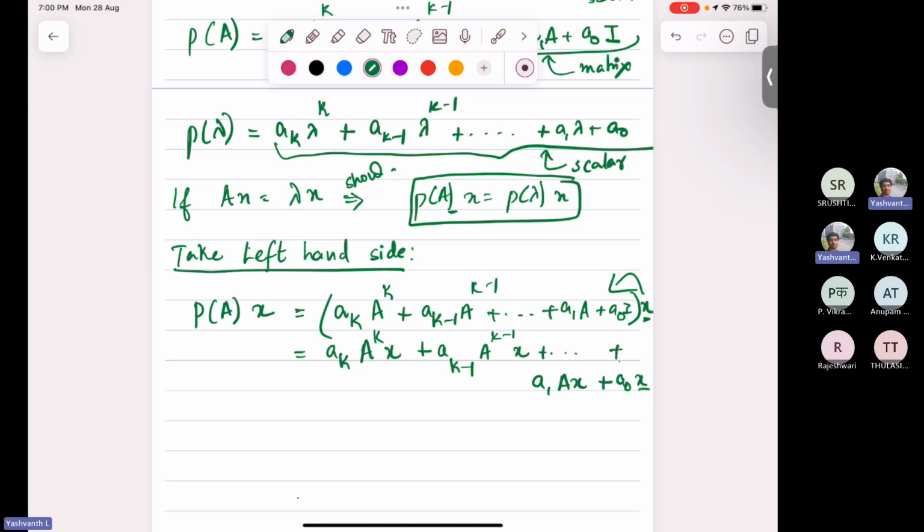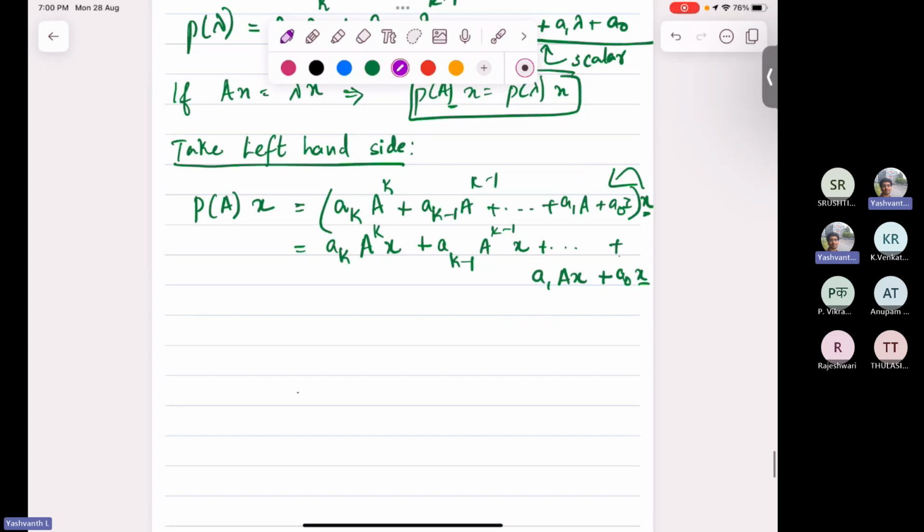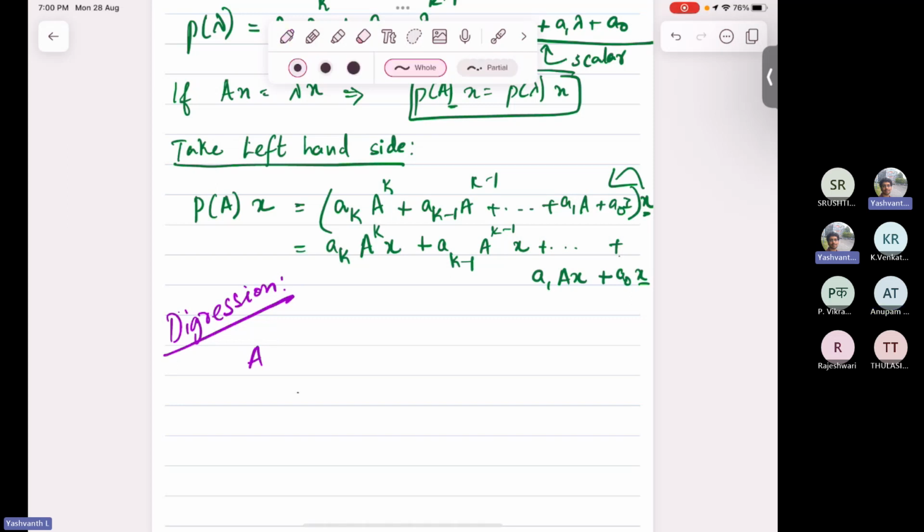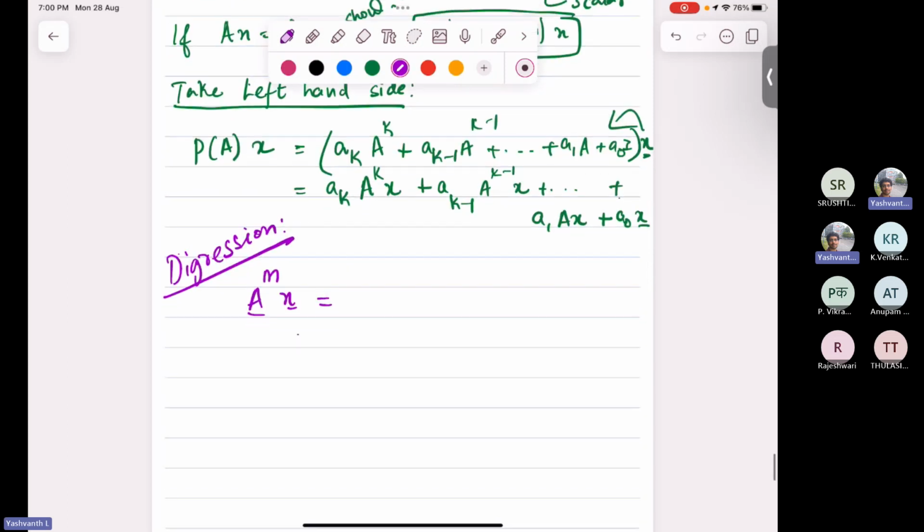Now this is the expansion. Let's digress a bit. This is the key step. Let's consider A^m x. Please see through the proof carefully and let me know if you have any doubt.